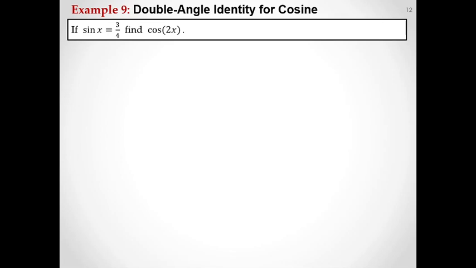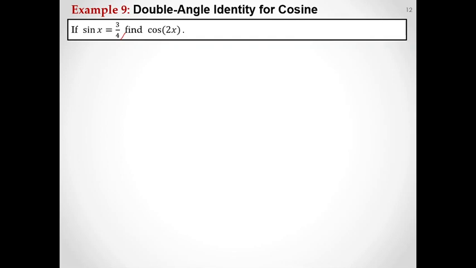Now, let's use the double angle identity for cosine to find cosine 2x in this question. It says sine x is equal to 3 over 4. Find cosine 2x.